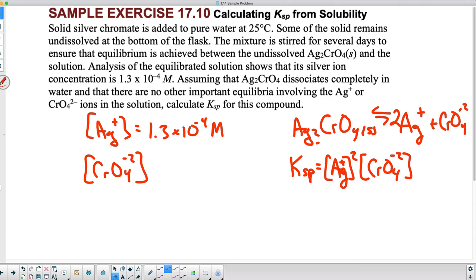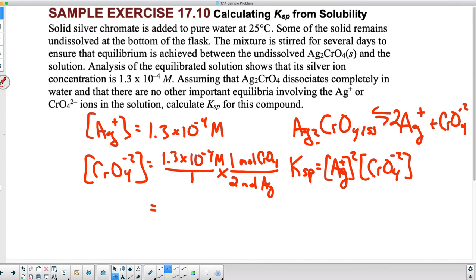As far as the chromate is concerned, we're going to take the 1.3 times 10 to the negative 4th, that's our concentration over 1, and we're going to multiply. For every 1 mole of chromate, there are 2 moles of silver, which means that chromate ion has a concentration of just 6.5 times 10 to the negative 5th.